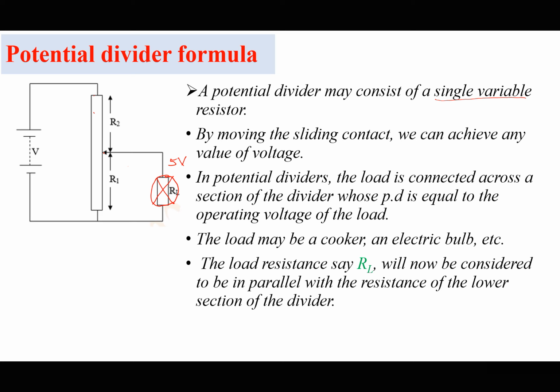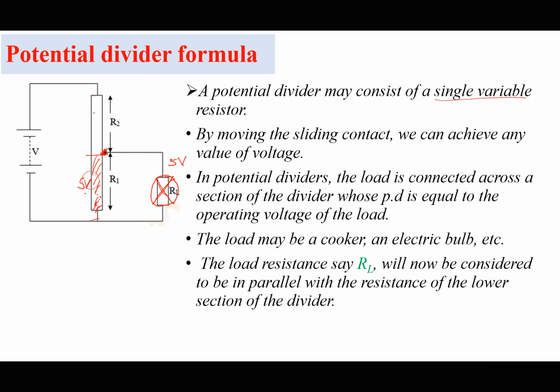So it means I have to slide the contact to a point until the PD across the bottom section is 5 volts. That's when the lamp will light, because the PD across the bottom section is the same as the PD across the lamp. So as we move the sliding contact, we are varying the PD across the bottom section. And since it is in parallel with our load, then the load will light if we reach the required PD.